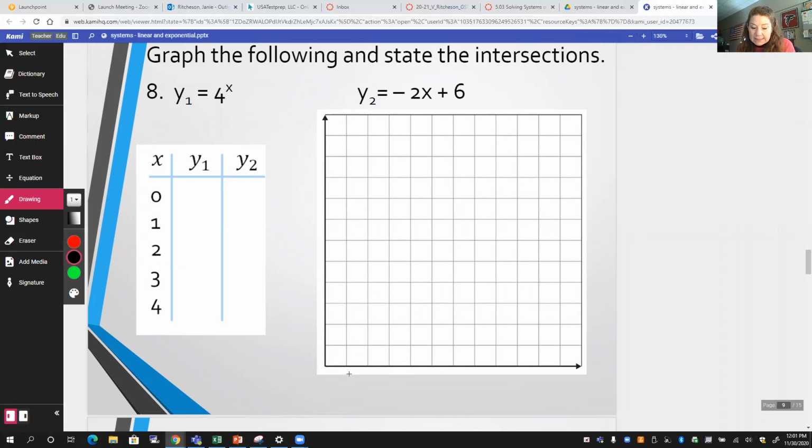And then my y-axis, I numbered by 2s: 2, 4, 6, 8, all the way up to 16. If you have problems with those, let me know. But the questions that you're answering are over those last 6 problems.